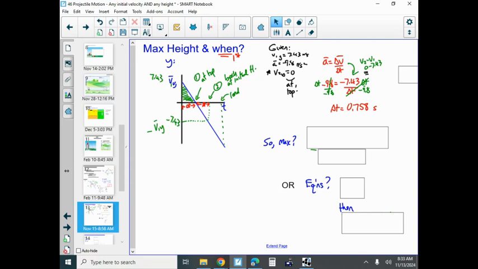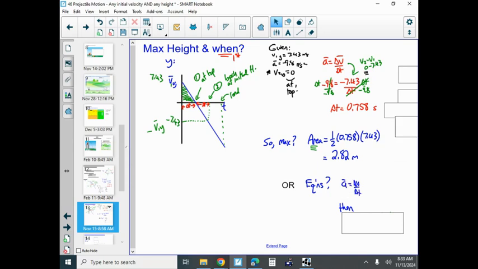If we want to get the maximum height, we could just get the area of that rectangle, nice and easy, or we could use equations, put the numbers in and calculate it out. Okay. So uniform acceleration question skills kick in for this first part of the answer, the maximum height we get to and when we got there.